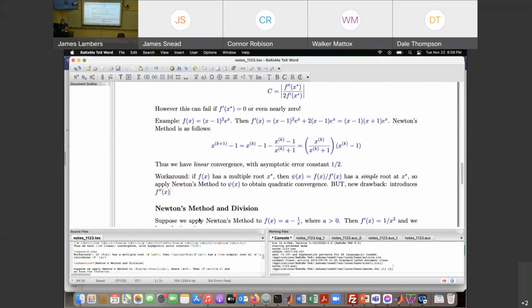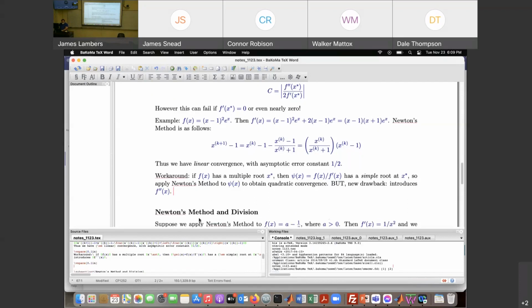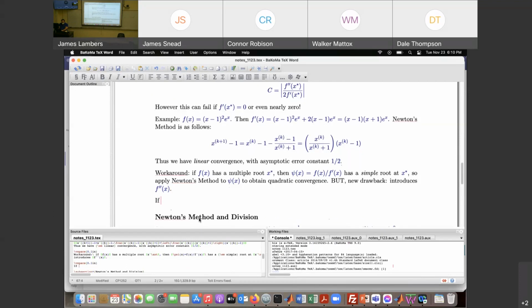One other case that's worth mentioning, I believe this is in one of the problems in a section that I did not assign. F is always increasing and concave, let's say, up.